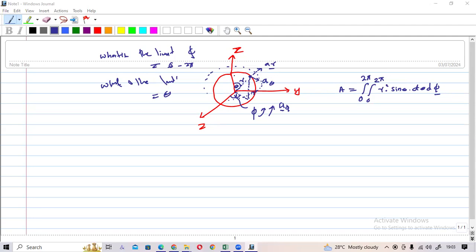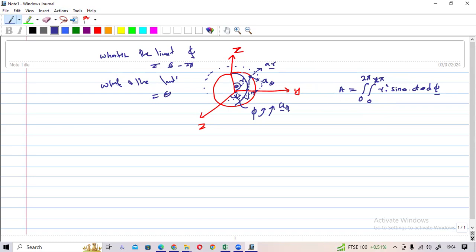Because here you are first evaluating with respect to theta. If you are first evaluating this surface up to here, then if you take this from 0 to 2π, the whole sphere will be covered. So theta should be from 0 to π, not 0 to 2π.